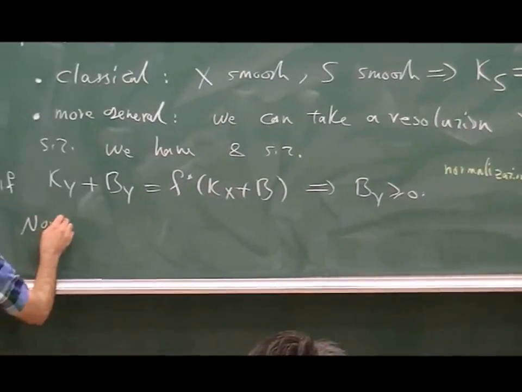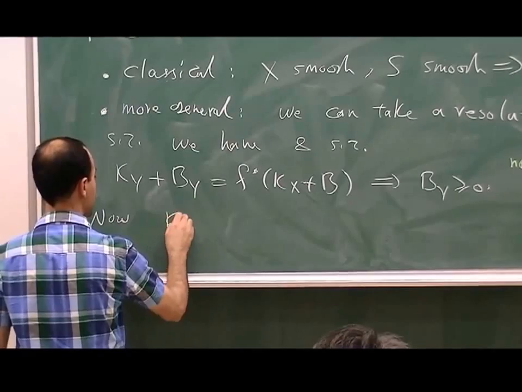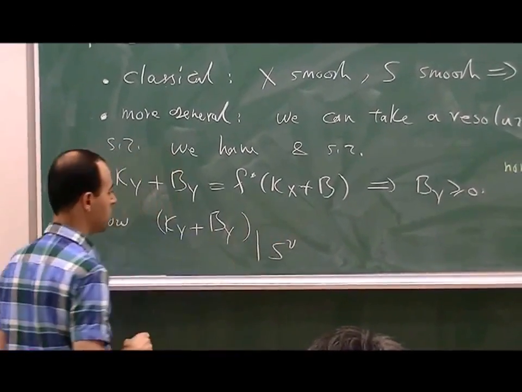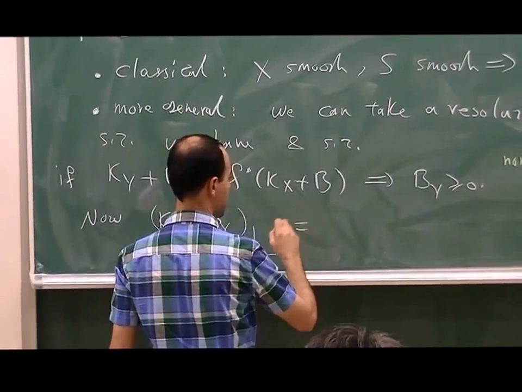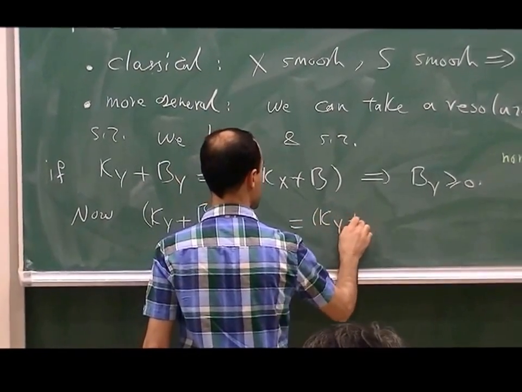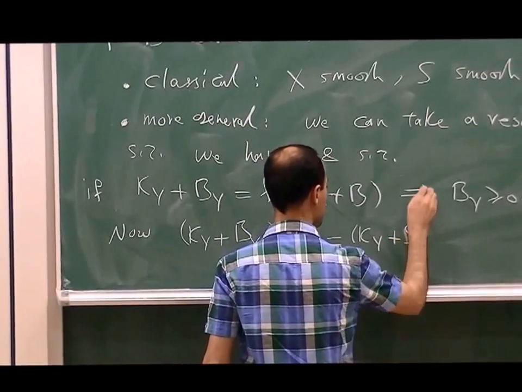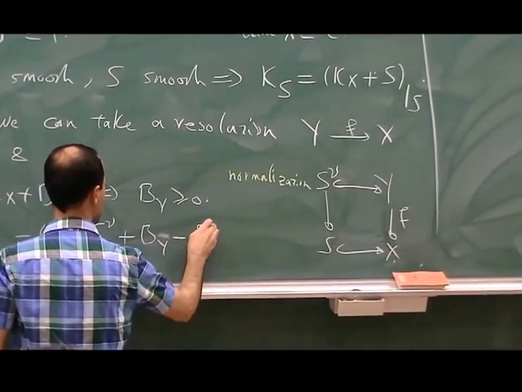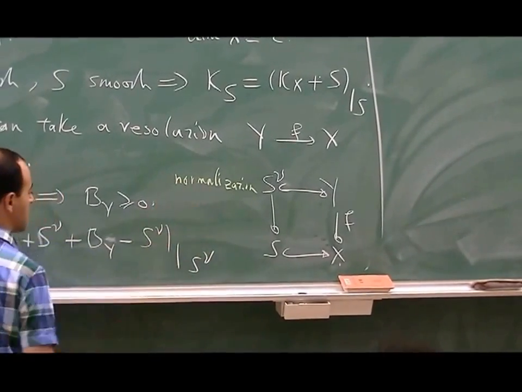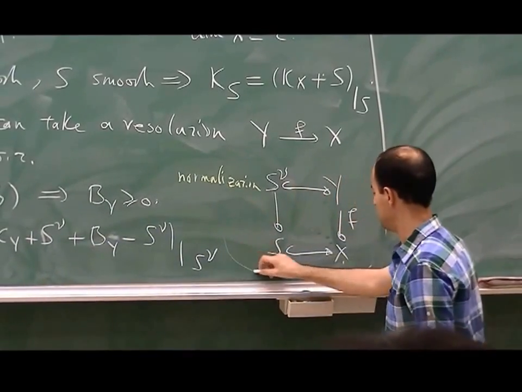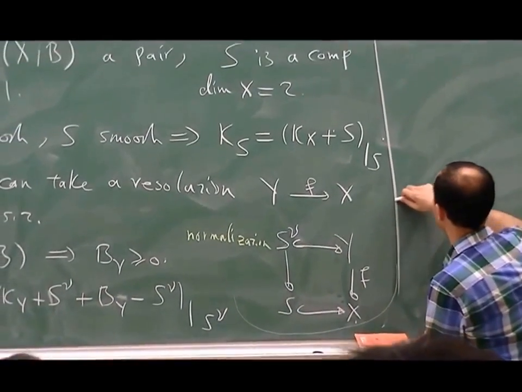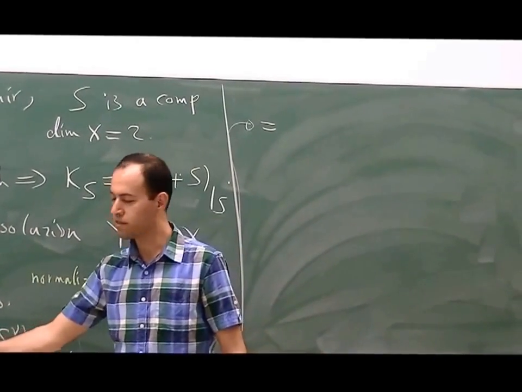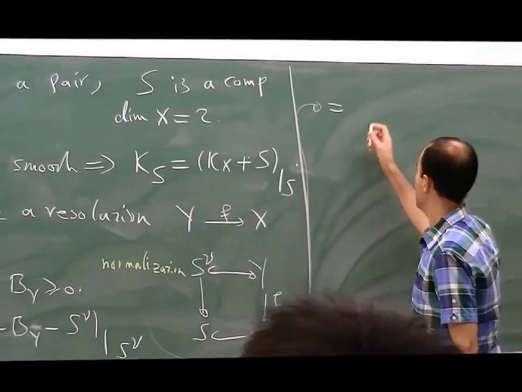So now I can say that if I restrict this divisor to this normalization, I can write it in this form. K_Y plus S normalized plus B minus S normalized, and then restricted. So what I have done here, I just take the S out and leave it as it is.